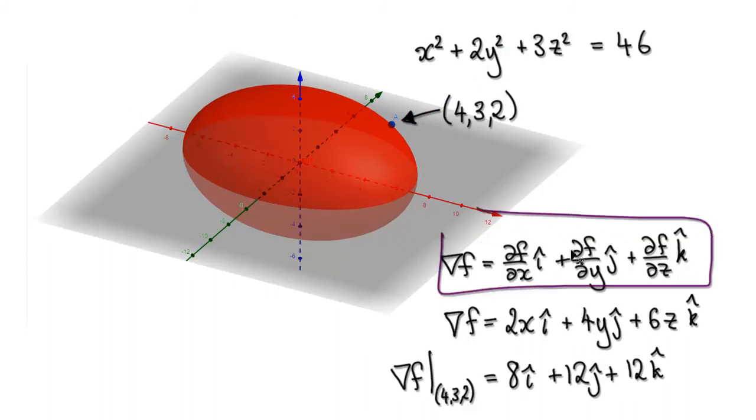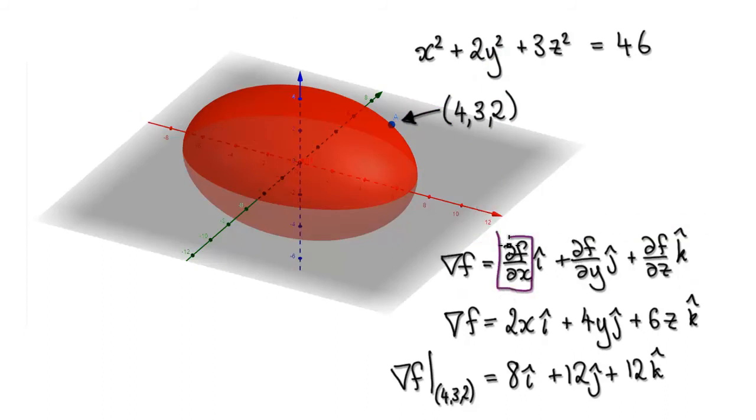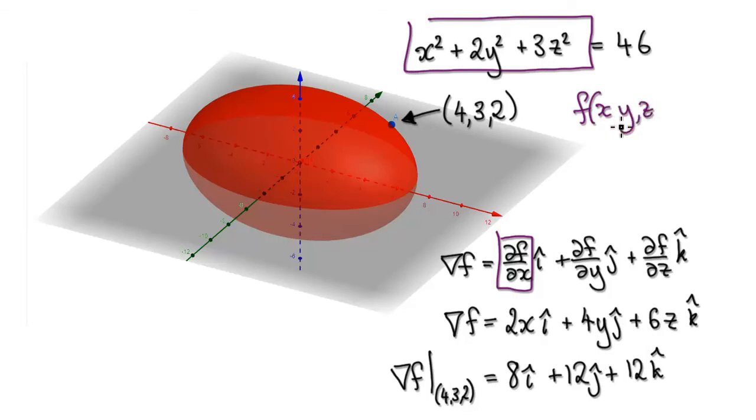So remember, grad f, take the partial derivative with respect to x. So this whole thing here, you normally get it in the form of f(x, y, z) equals some sort of constant, and then you can ignore the constant because when you differentiate it, it will be 0. So differentiating this with respect to x, treat this as a constant.